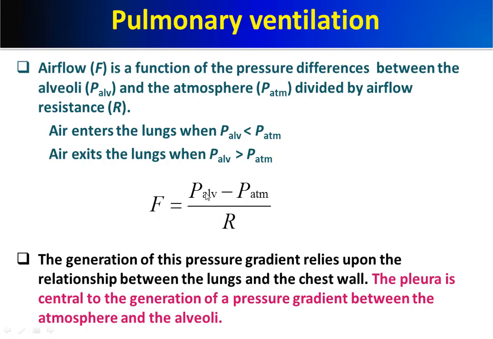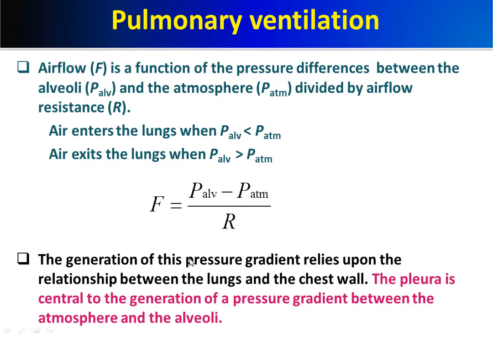Air enters the alveoli when the alveolar pressure is smaller than the atmospheric pressure, and air exits the lungs when the alveolar pressure is greater than the atmospheric pressure. It is thus evident that we need a pressure gradient between the atmospheric pressure and the alveolar pressure.